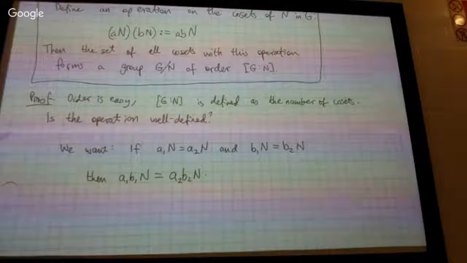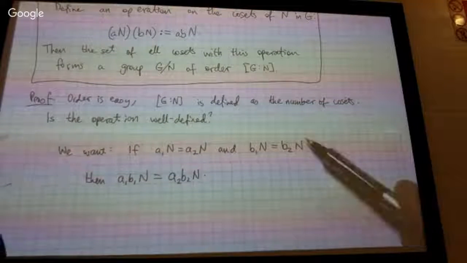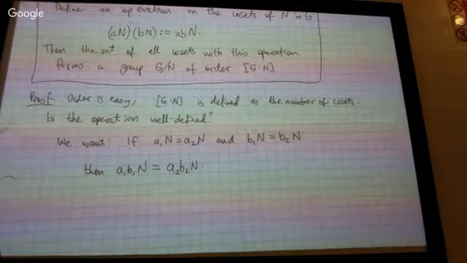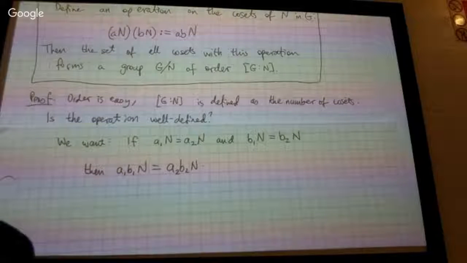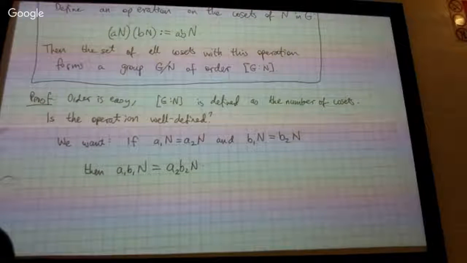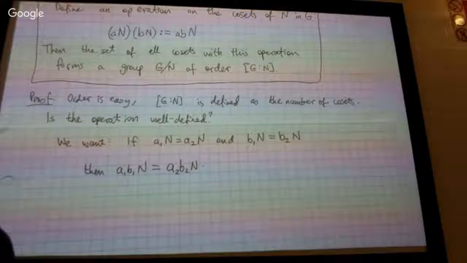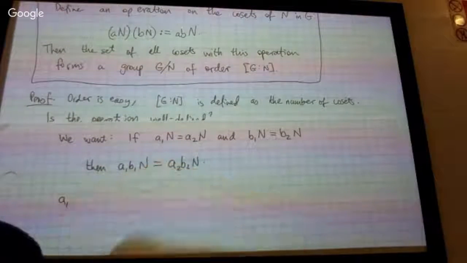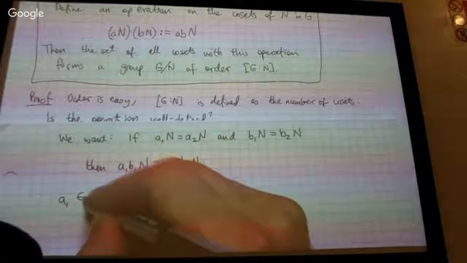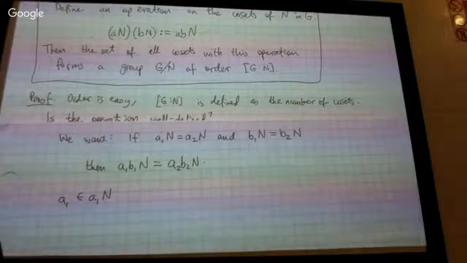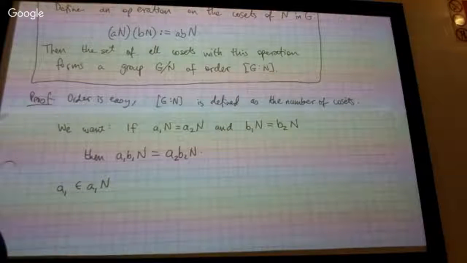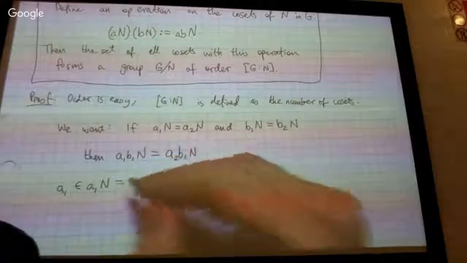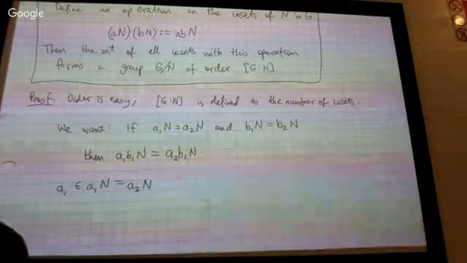So let's assume this. If we assume this, then A1 is in this set A1N, because N contains the identity, and this is equal to A2N.